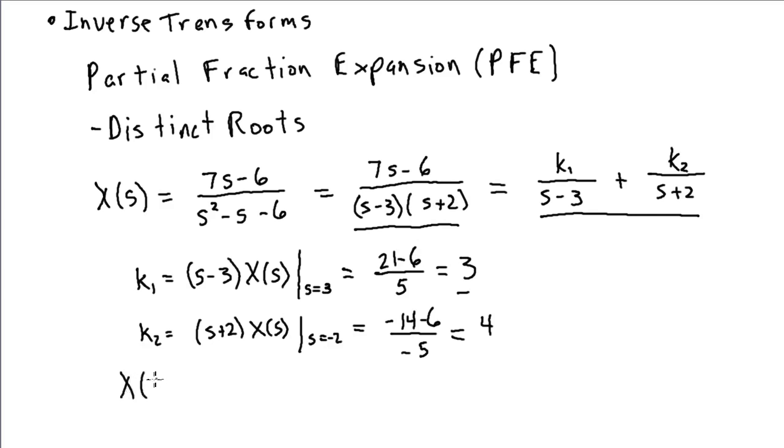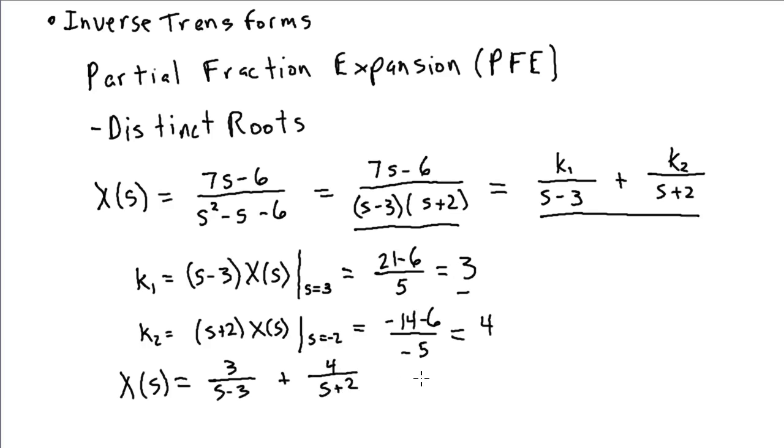And so now I can write X of s in this simpler form. It would be 3 over s minus 3 plus 4 over s plus 2.